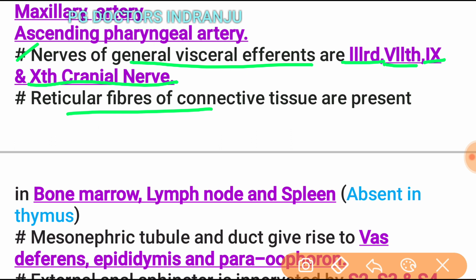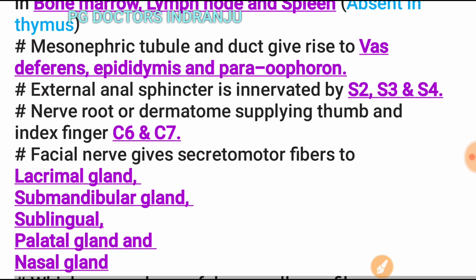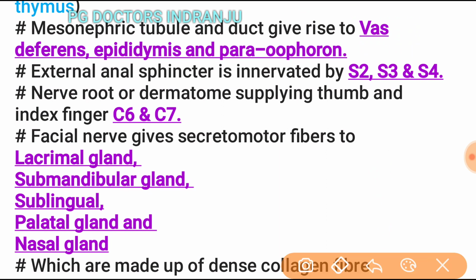The reticular fiber of connective tissue is present in the bone marrow, lymph node and spleen, but it is absent in the thymus. The mesonephric tubule and duct give rise to vas deferens, epididymis and paroophoron.